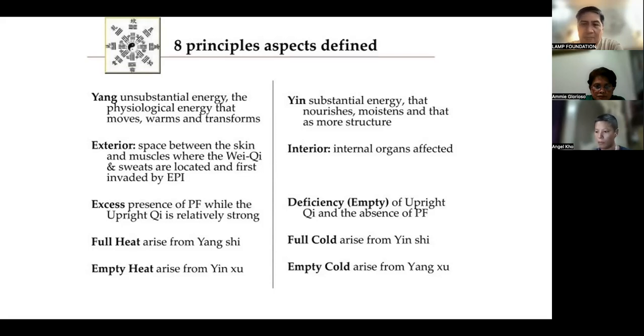Okay? Kaya sinabi empty. Walang kalaban, walang pumasok. Pag excess, meron pong pathogenic factor, malakas ang upright chi. Okay? Pag deficient or empty, there is no pathogenic factor. But the upright chi is weak, deficient.